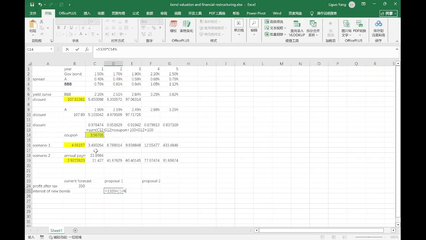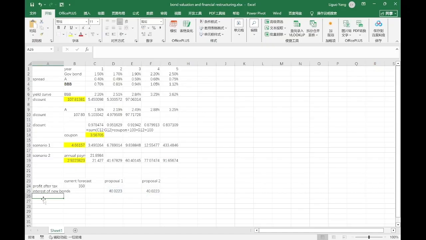Here we will need to take the tax shield into consideration, and the tax rate is 15%. So it's like this. For both proposals, there's no difference.